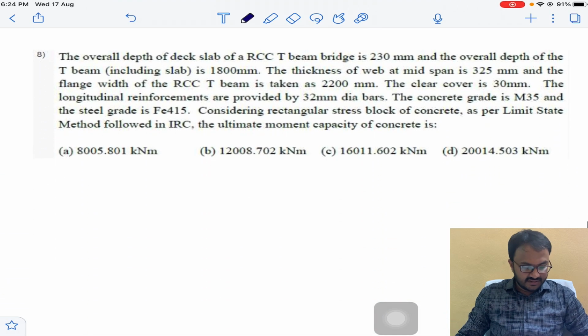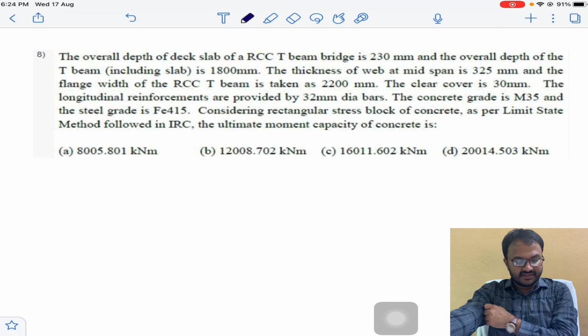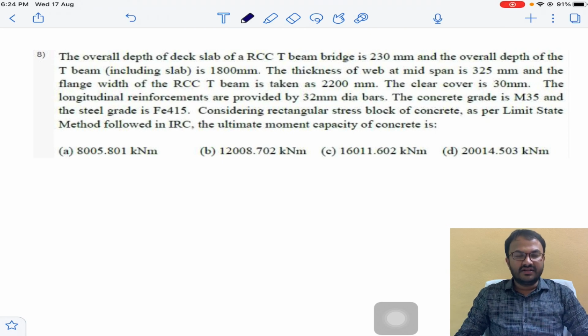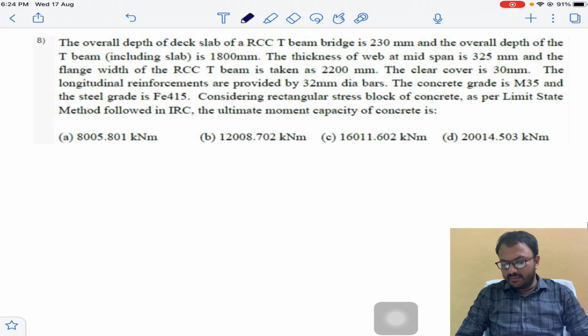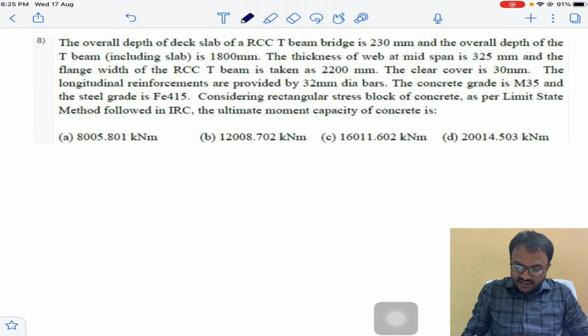Now coming to question number 8. Questions 8, 9, 10 are somewhat lengthy questions and there are few formulas. Be careful. The overall depth of a deck slab of RCC T-beam bridge is 230 mm, that is depth of flange is 230 mm. Overall depth of T-beam, capital D, is 1800 mm.